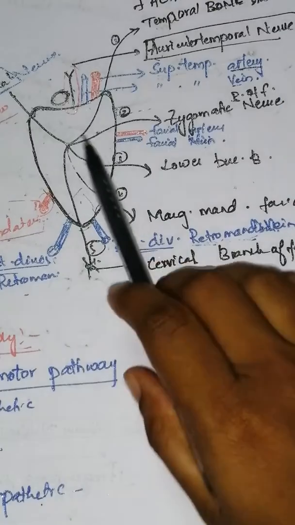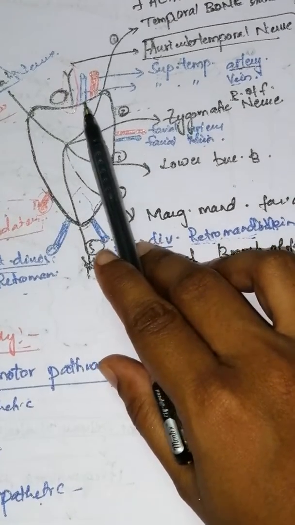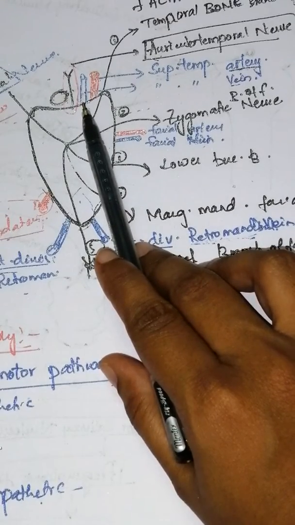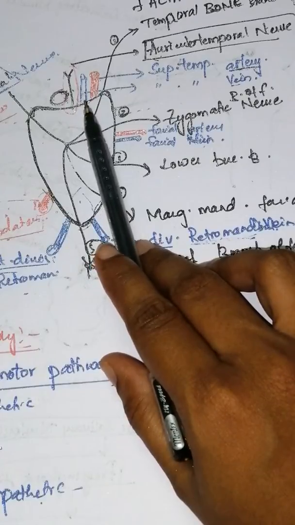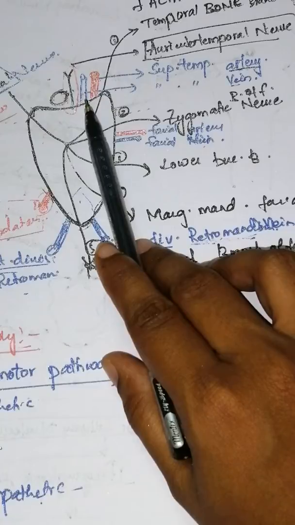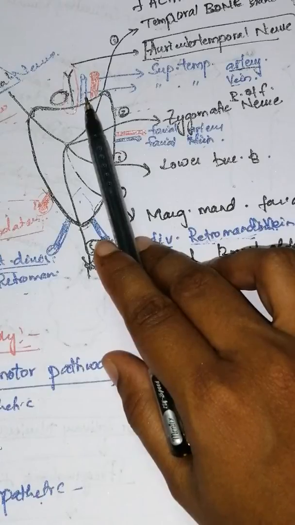One thing you should remember while presenting your paper, if you are going to write about anatomy, is that you should be very careful while drawing the pictures, because each structure has a specific color.